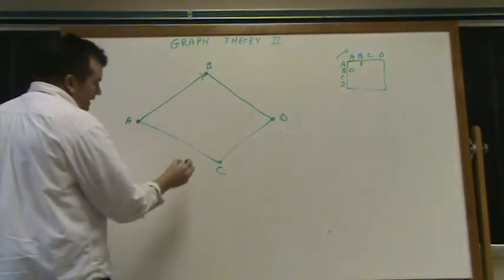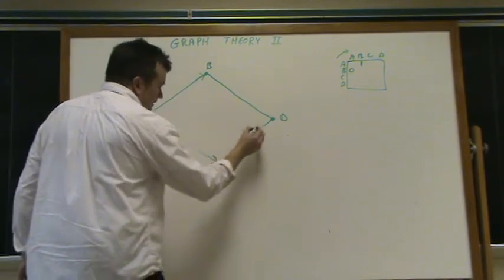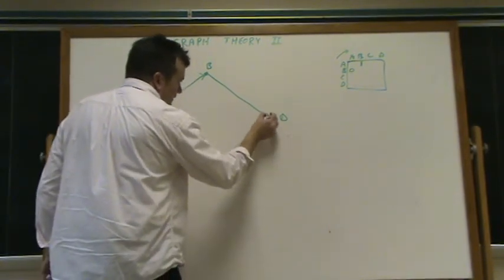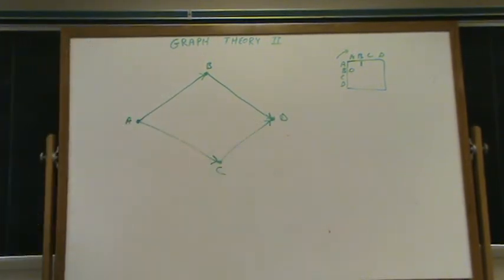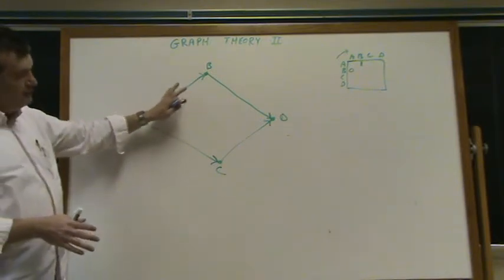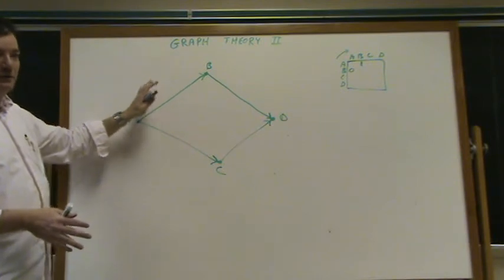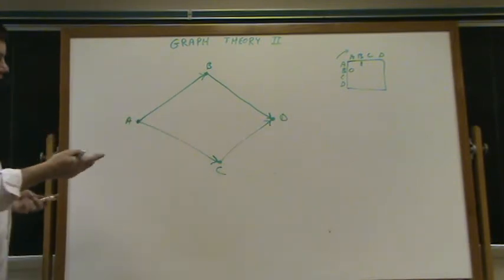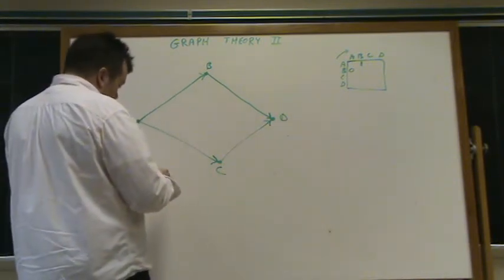Okay. And let's say we have this, and we have this, and we have this. Okay. And let's make it what we call a weighted graph, meaning the edges have values on them. Right now if there's no edge, you can think of it as a 1 and a 0. But if it's got a number, then it's a number instead of a 1 or a 0.